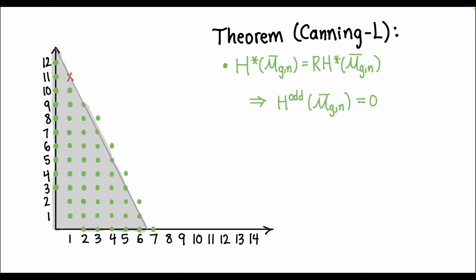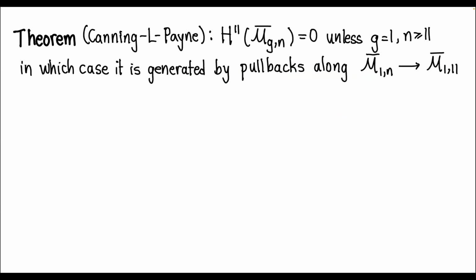So we were able to improve upon Arbarello and Cornalba's inductive method to now give a complete description of H^11 of M_{g,n} bar for all g and n. And it turns out that H^11 vanishes when the genus is 2 or more. I think this was somewhat of a surprise at first. And then in genus 1, all of H^11 can be explained in the following way.